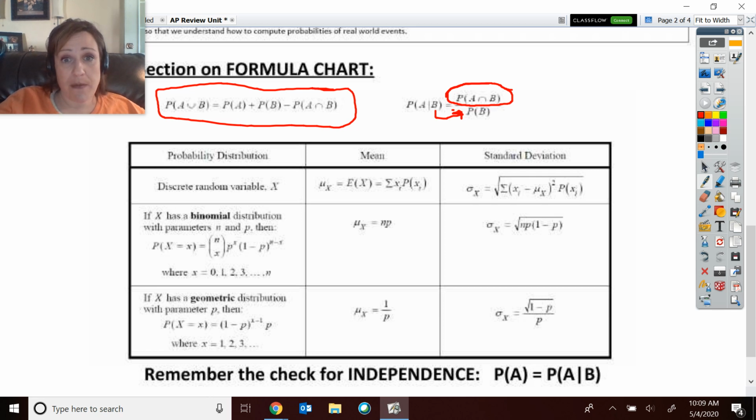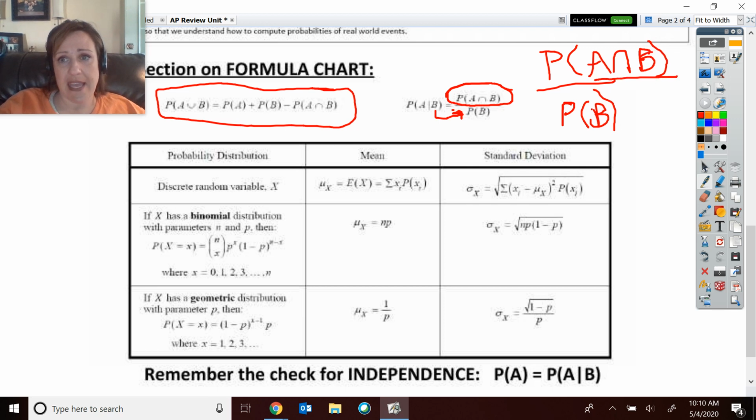The most common mistake I see here is people will go, oh, I'm going to put all the B section on the top, and then all of the A section on the bottom. No, that's not true. What goes on top is probability of A and B. The intersection of A and B is on top.